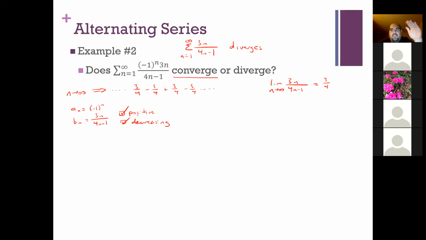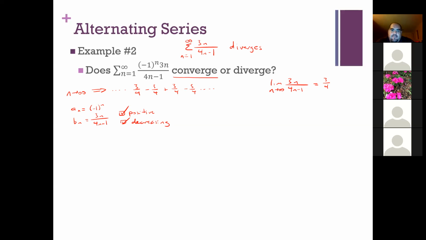Something you might notice is it might not be decreasing for all n, but it eventually is decreasing monotonically. This is an informal way to talk about sequences and series, but it's all about the quote unquote tail of the sequence or series.